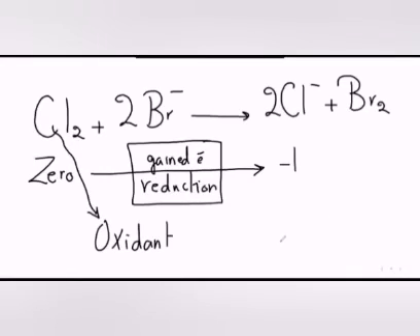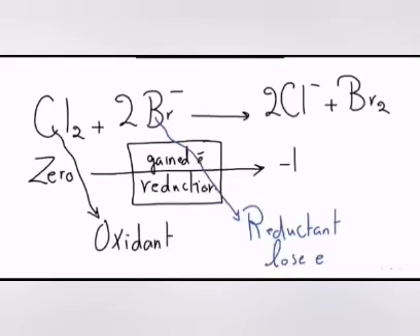Now, the bromide ions acted as a reducing agent or a reductant. Reductants usually lose electrons during reactions and they get oxidized. You see?